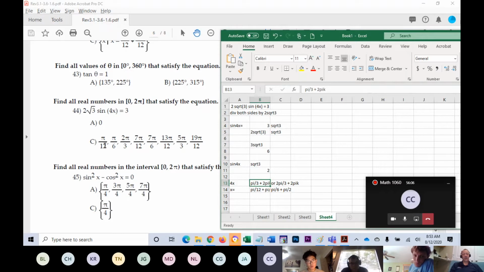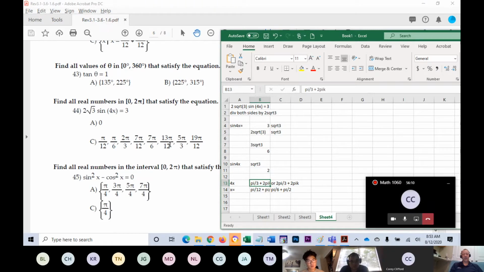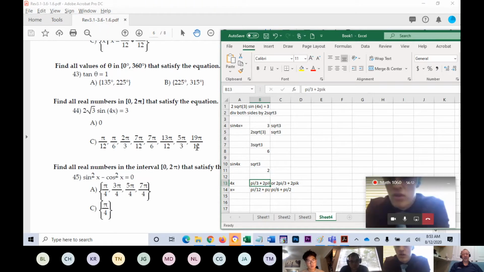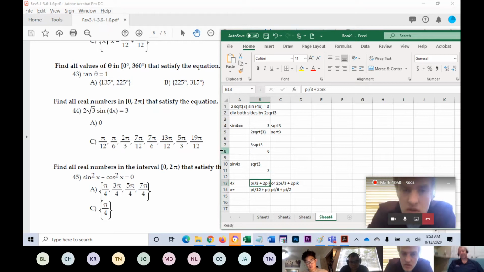So pi twelfths plus pi halves is 7 pi twelfths, plus pi halves is 13 pi twelfths, plus pi halves is 19 pi twelfths. And then pi sixth plus pi halves is 2 pi thirds, plus pi halves is 7 pi sixths. Yep. So, wow, that was a tricky one.